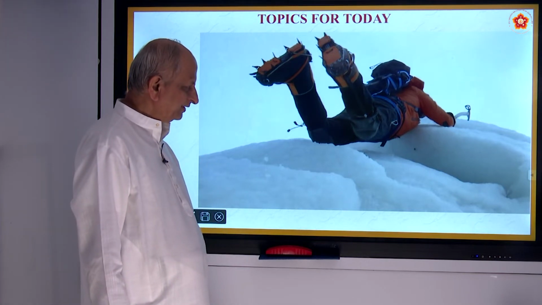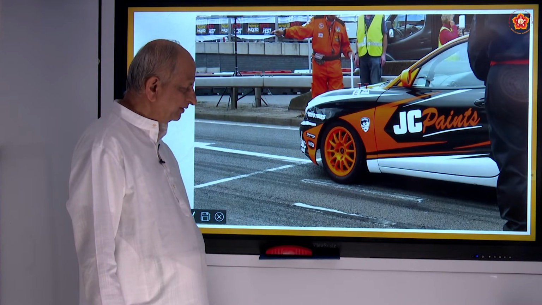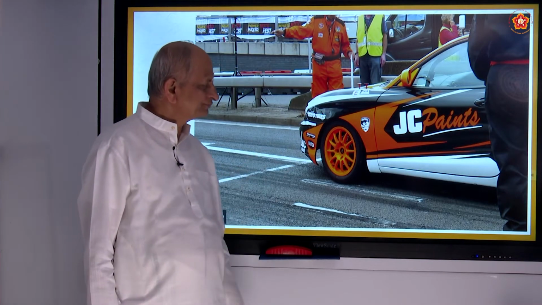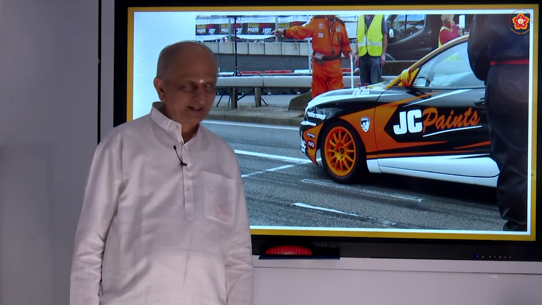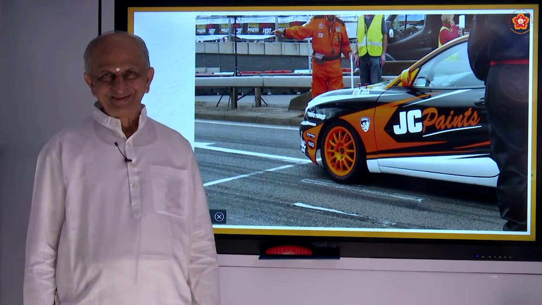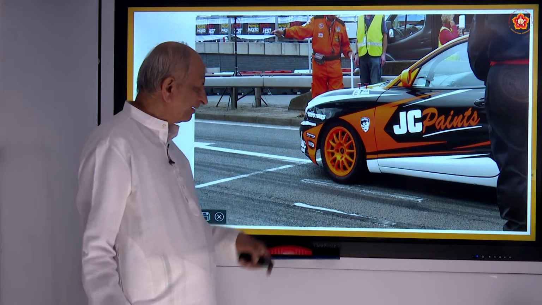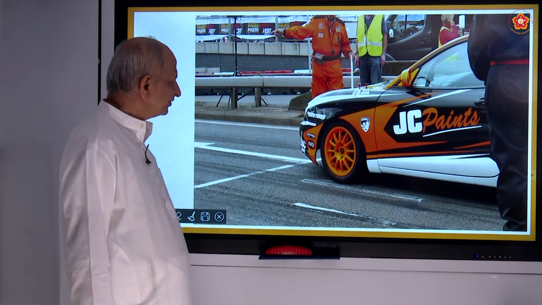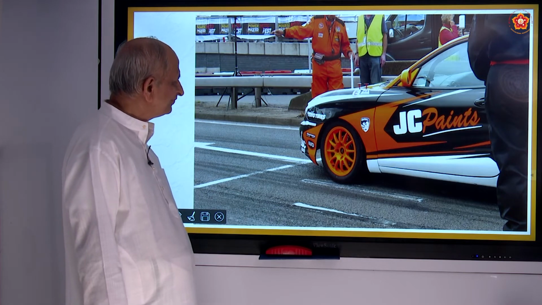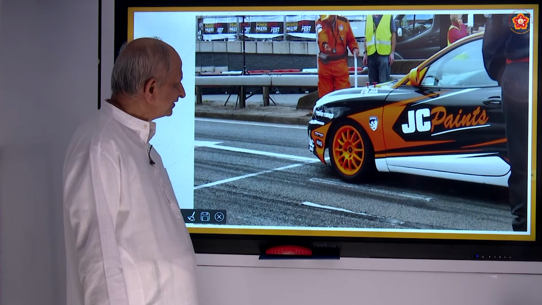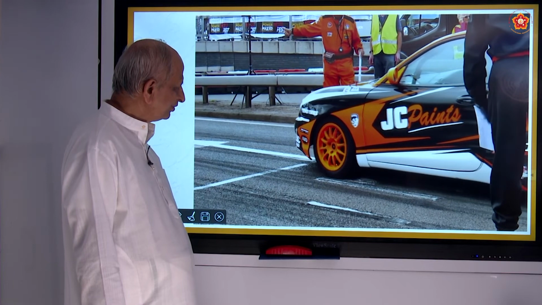And similarly, this power is made use of in vehicles also. You might have heard about car races, bike races, is it not? There you use the word power brake. So let us see how this car moves now. This is a race car, this is slow motion, slowly it is going.